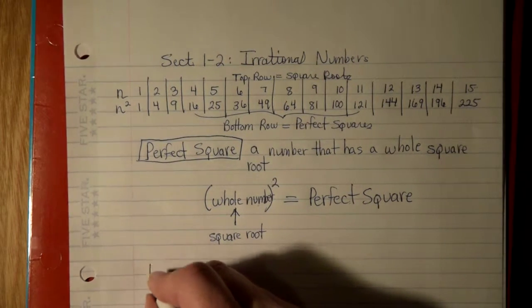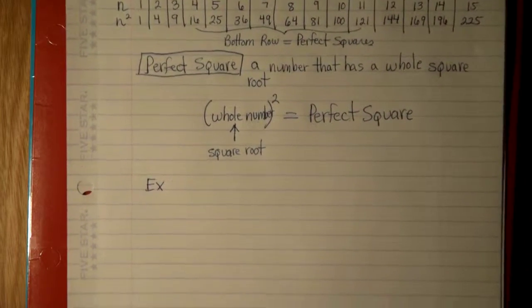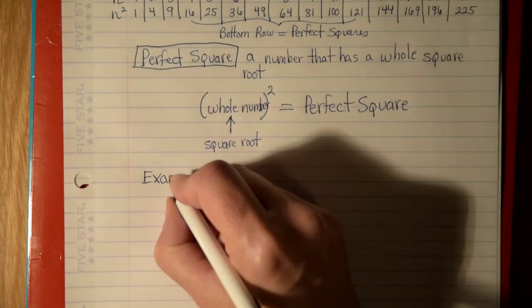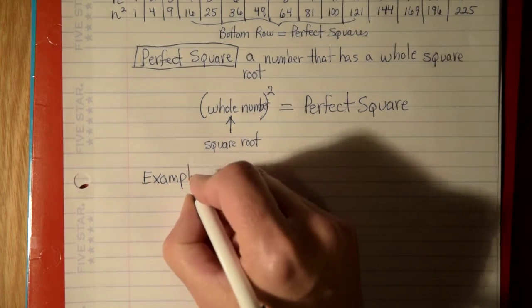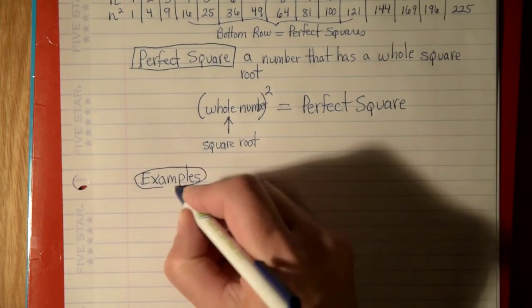Now, let's do some examples of that to help it make a little more sense. Sorry, it's hard for me to write. I have to write sideways a little bit under this camera.